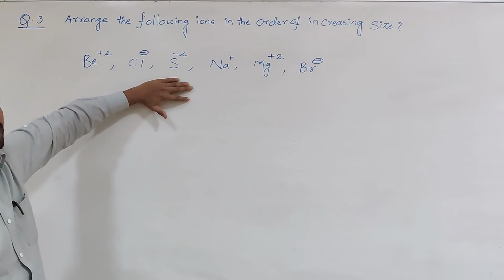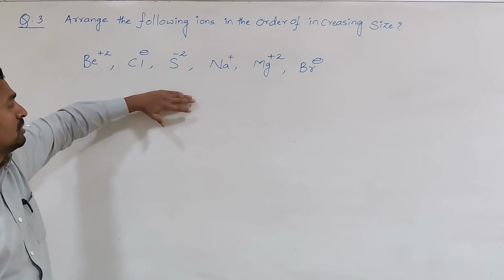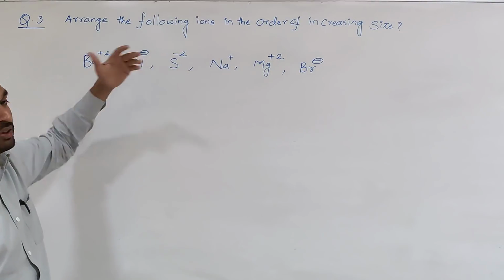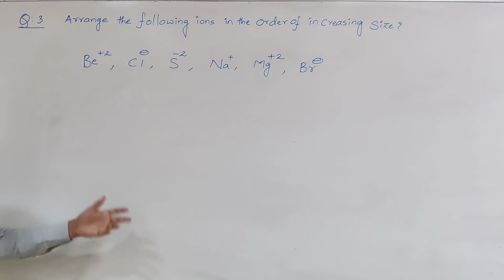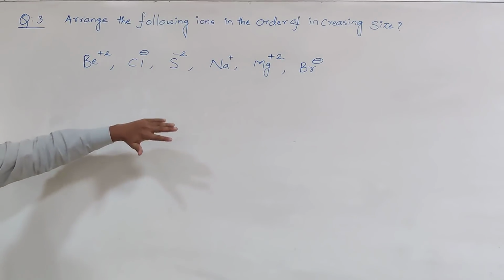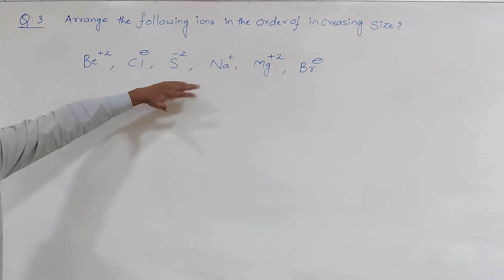Sometimes it is very important, and not only the groups, we should also know their respective periods. When we have an idea about their periods and groups, it is very easy to arrange the elements, atoms or ions in increasing or decreasing order.